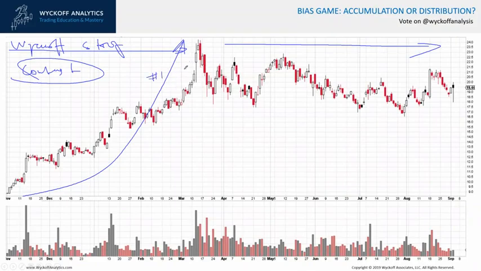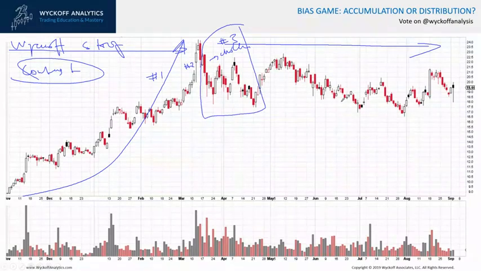We want to understand how it concluded. We want to understand how the initial change of character or resolution of that has happened, what kind of result we had, and then we're going to go through all of the swings one by one through the whole structure.